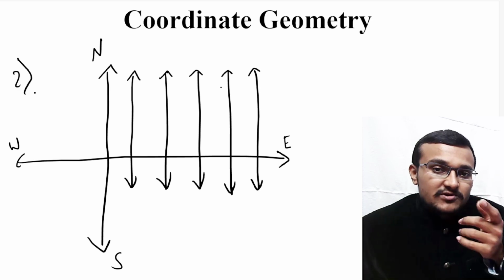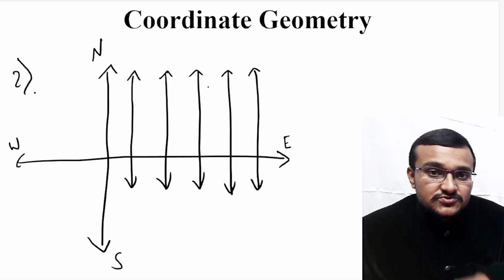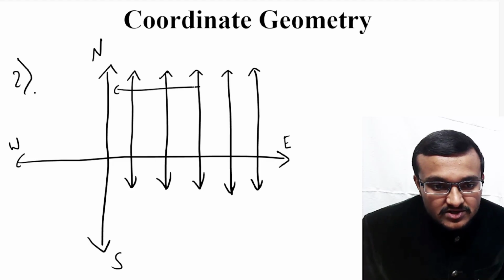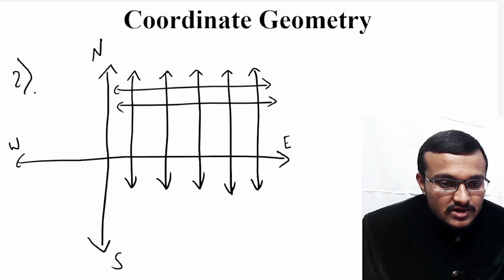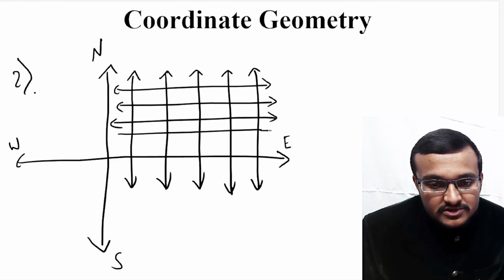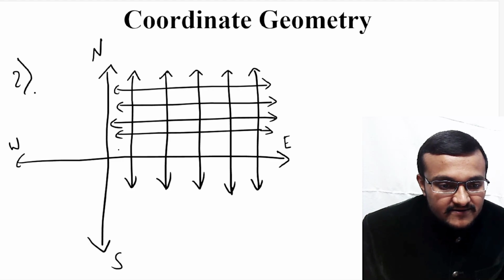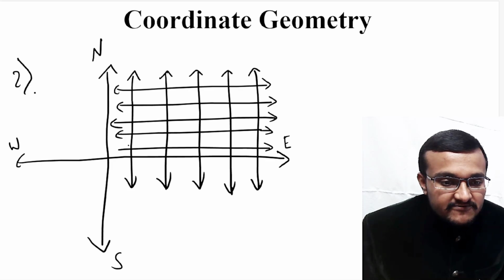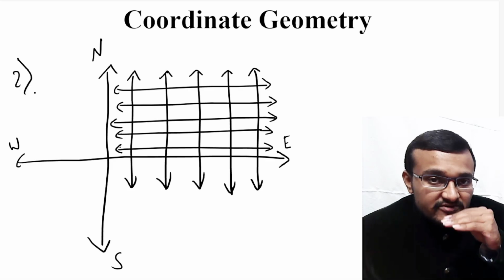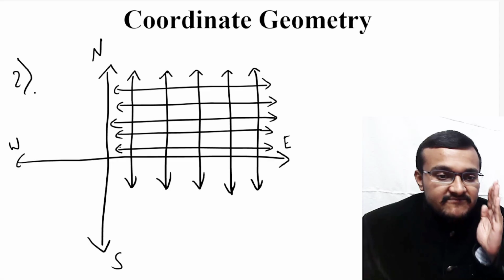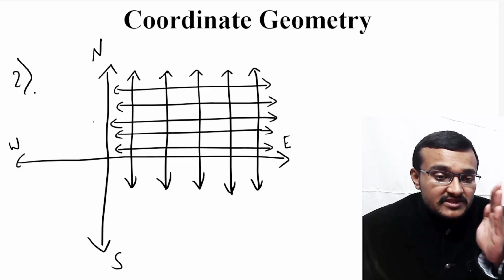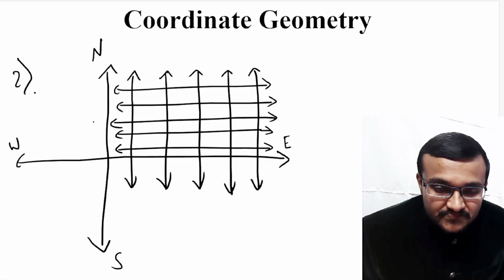Similarly, we'll draw 5 more parallel roads for the west to east main road. So 1 2, now there is a third road, fourth and fifth. So now we have 5 parallel roads for west to east and 5 parallel roads for the main road which is running from north to south.